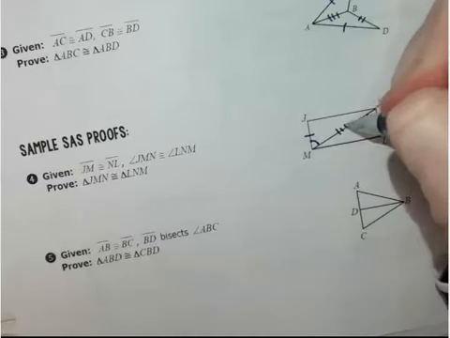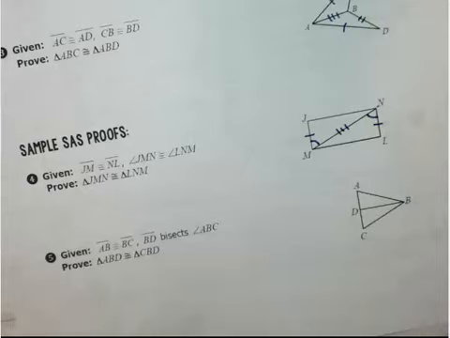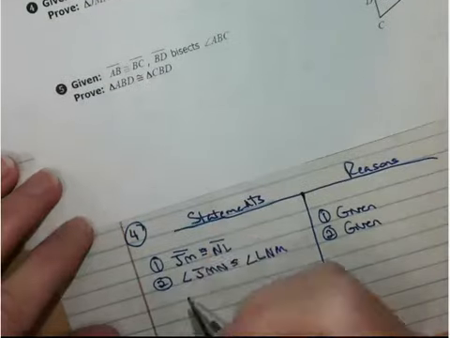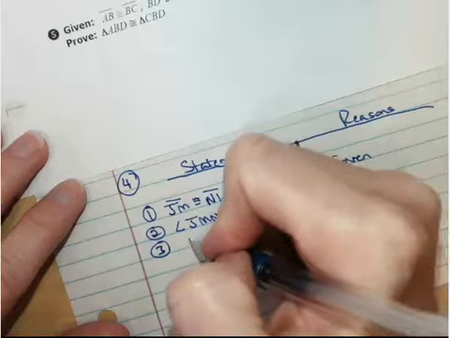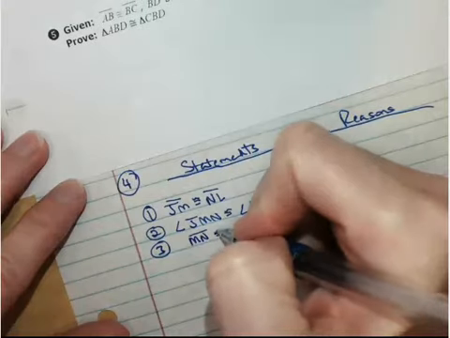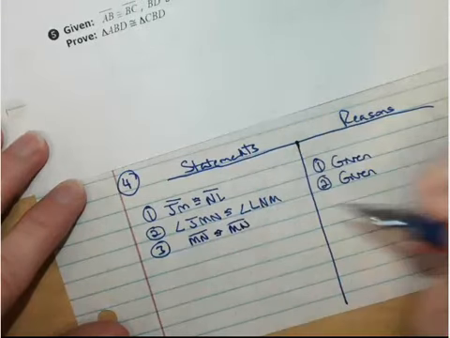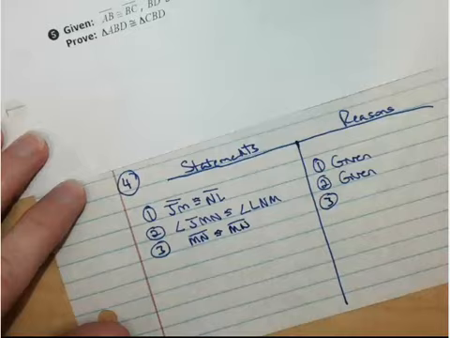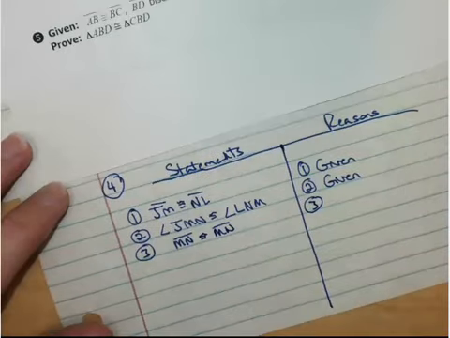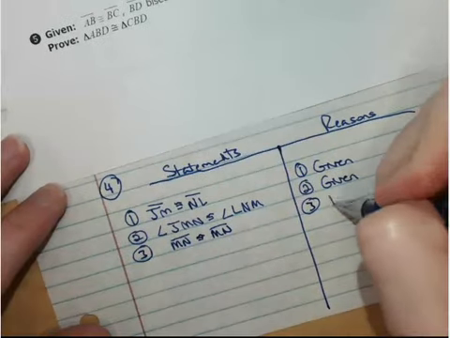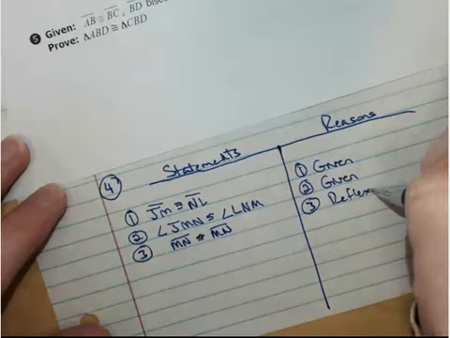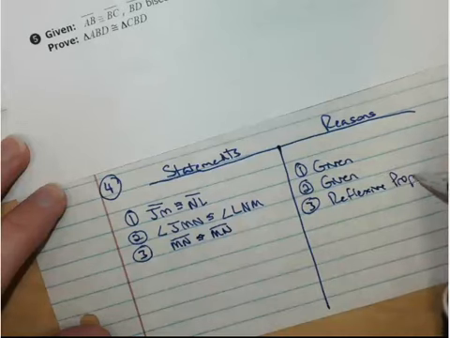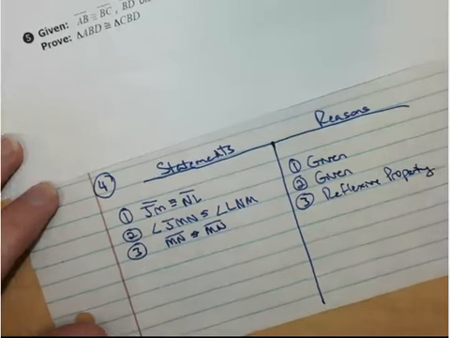And I do know that those are congruent because they're the same thing. So I'm going to say here that MN is congruent to MN. And the property that I'm going to use, go back to your reference sheet from Unit 2, is going to be the reflexive property.